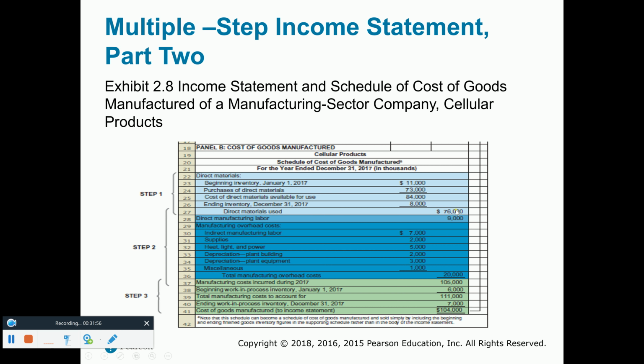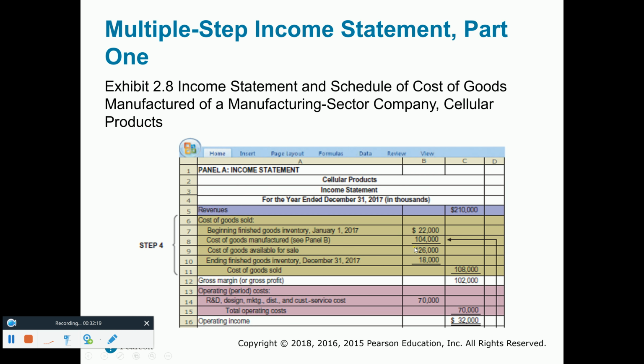Add the 3 inventoriable costs, materials, labor, and overhead. That gives you manufacturing cost incurred, new for the year, plus beginning WIP. That equals total manufacturing cost to account for, less what's in the ending WIP, gives you cost of goods manufactured. And that $104,000, let me go back, is what gets added to the finished goods inventory.